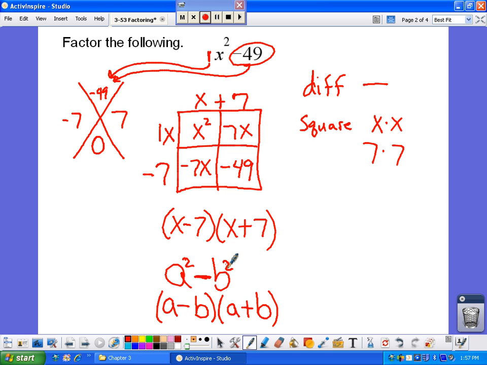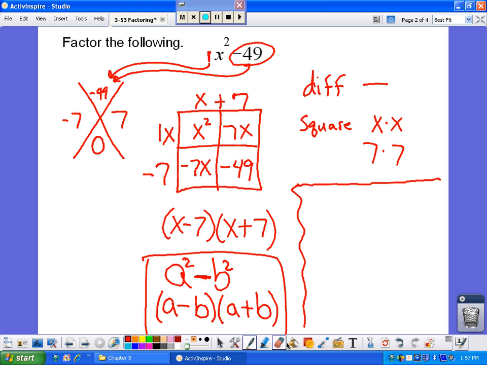So, for example, I don't have to go through the whole process if I remember this idea. So I have, say, x squared minus 16. So the factors for that would be x minus, well, this is a difference of two squares because 16 is just 4 times 4, right?